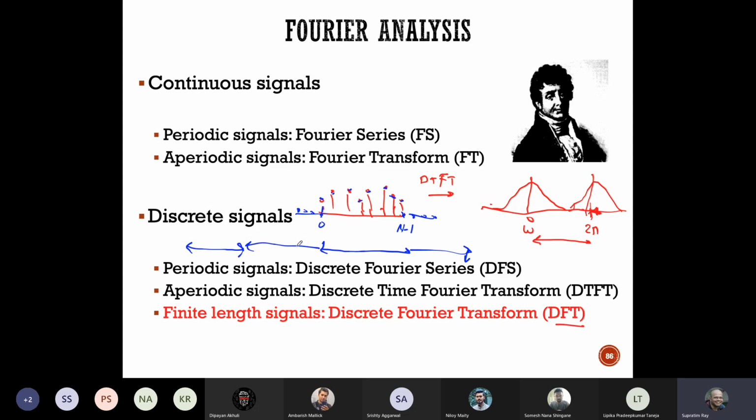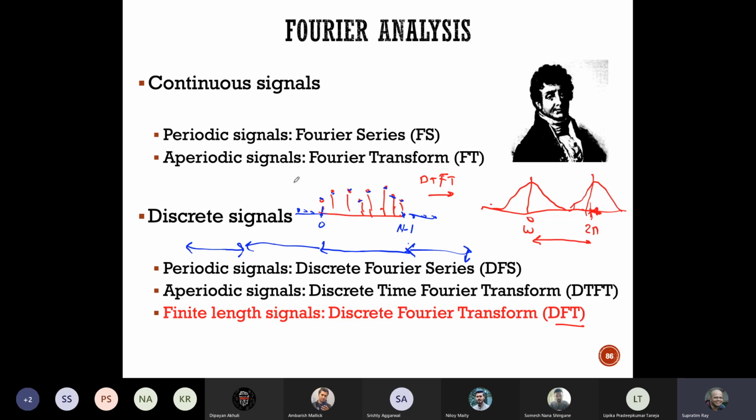Okay, now you and I have an understanding here that only the one period between 0 and n minus 1 is of importance. The actual signal is 0 everywhere else, so it doesn't matter what happens in the rest of this. It could either be 0 everywhere or it could be repeating. I don't care because I'm only interested in my signal between 0 and n minus 1, in which the two signals are identical.